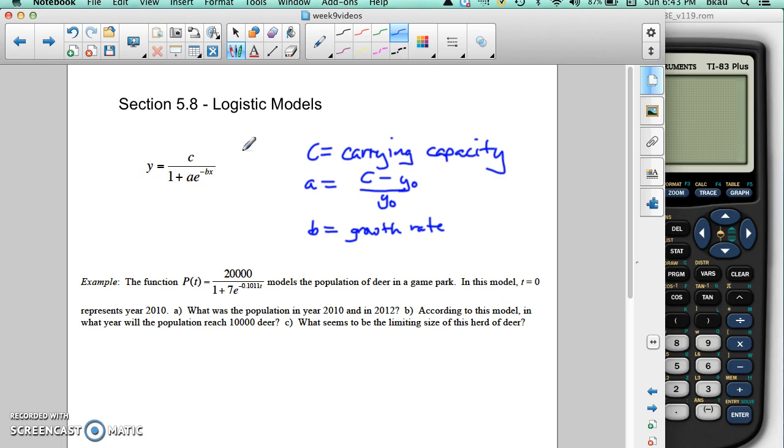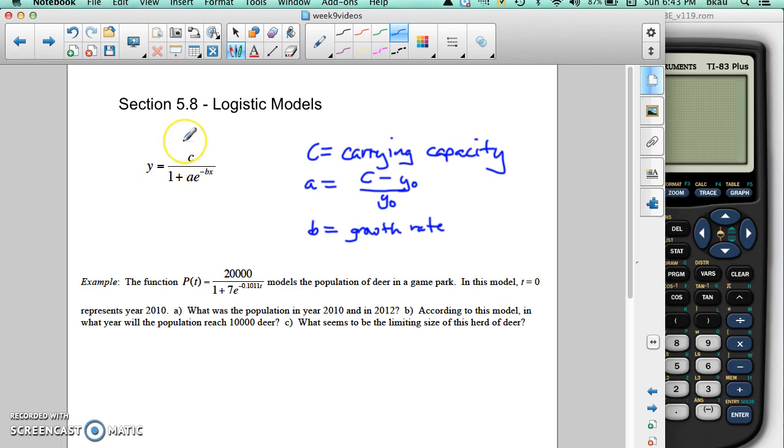Another example would be an island: how many birds can populate that island? That would be a carrying capacity, C, a limiting factor. We can only have so many, and then their resources would run out.